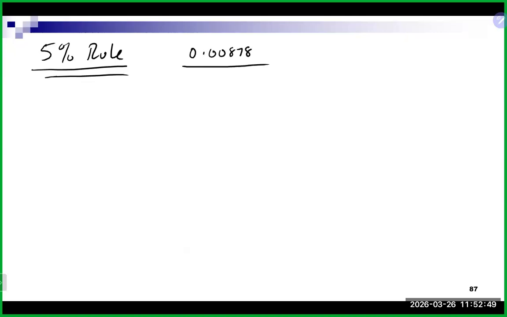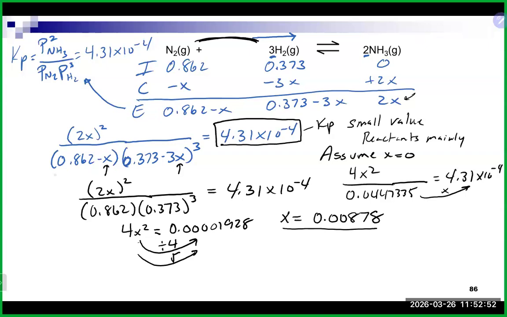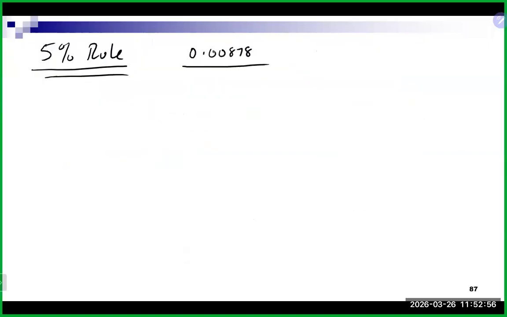We're going to divide it by, for example, 0.862, which is our initial pressure here, and times it by 100%. And if you do that, we get about 1.02%, which is a good check. It is less than 5%.